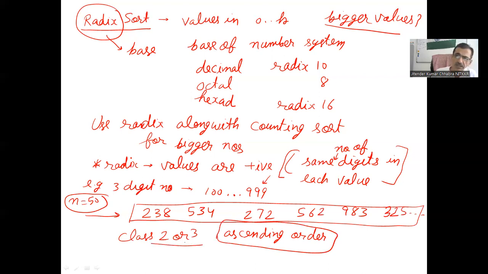But probably the scientist who designed radix sort observed his grandson or granddaughter or son or daughter doing such ascending order sorting, and then he got the idea and designed radix sort. Well, you must be surprised why your father or mother or grandfather or grandmother didn't get this idea. Well, that's just a lighter side.